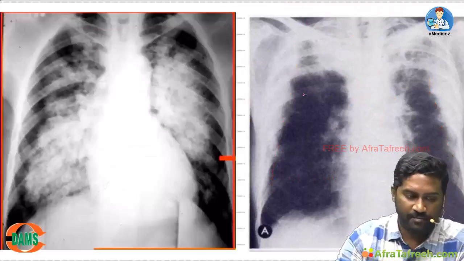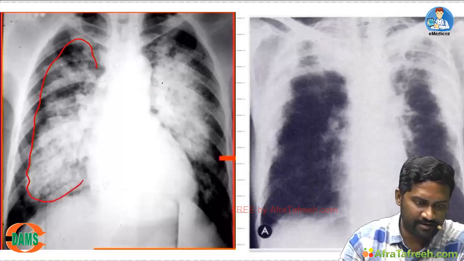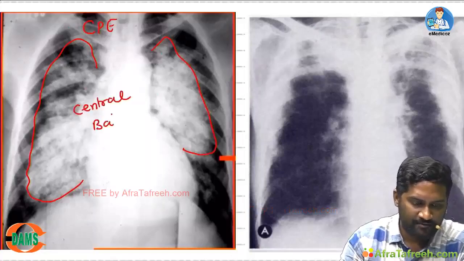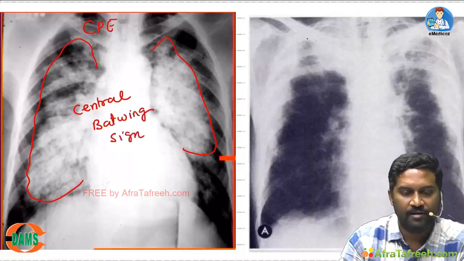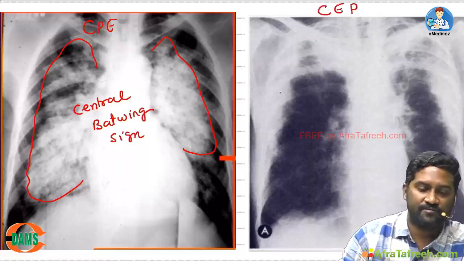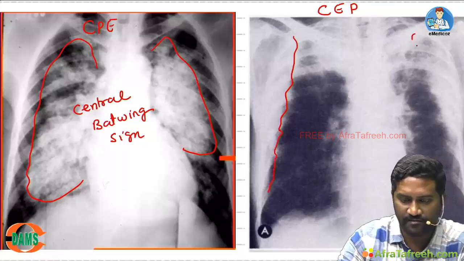In cardiogenic pulmonary edema, you see central bat wing shaped opacities. This is called the central bat wing sign. Now this radiologist felt that in chronic eosinophilic pneumonia, there are wing shaped opacities.